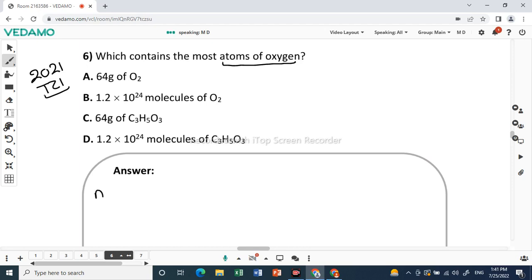So let's start with A. According to the question, I have the mass, so I'm going to start firstly with the mole, which is 64 divided by the molar mass. For oxygen, one oxygen is 16, so the molar mass is 16 times 2, which is 32. So 64 divided by 32, and your final answer is 2.